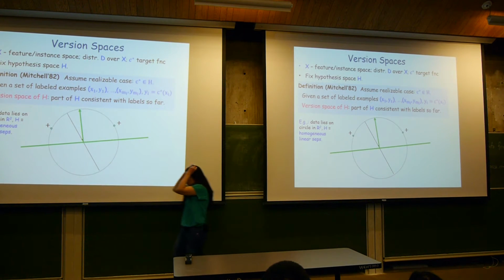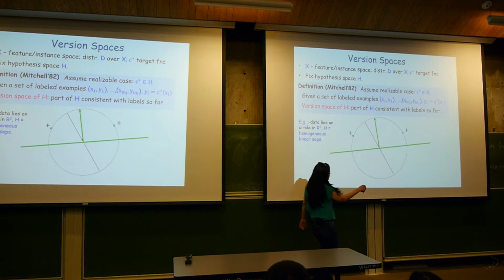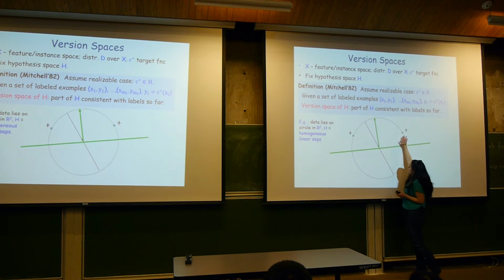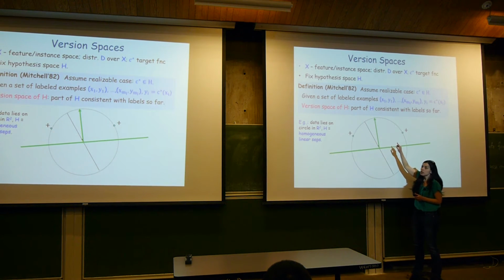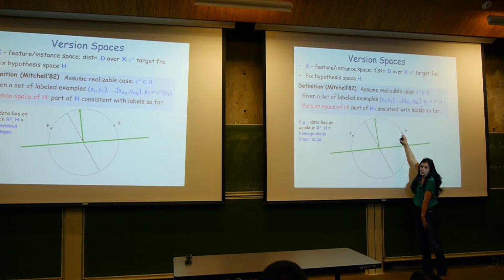If you think a little bit geometrically, this is the first positive example, and the set of classifiers that label this example as positive will be classifiers whose normal vectors lie in this region. So for example, if I think about this as a classifier, this is its normal vector, and this classifier labels this example as positive, so it will be a correct classifier for this example.